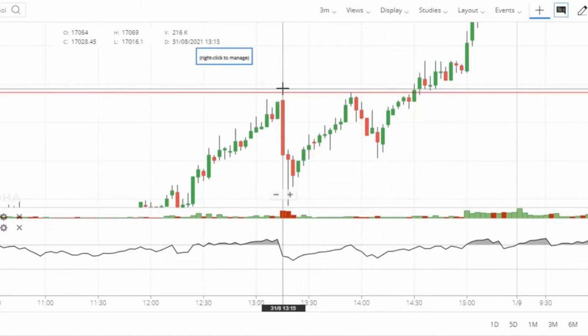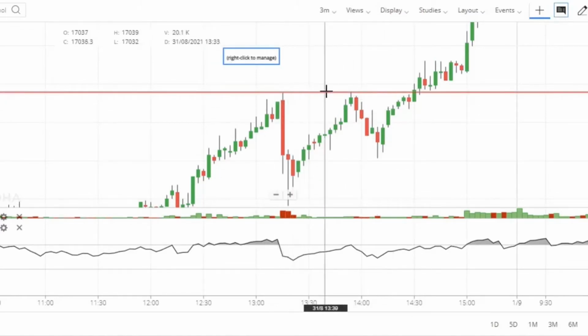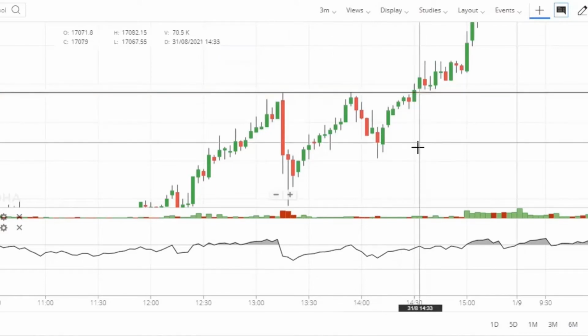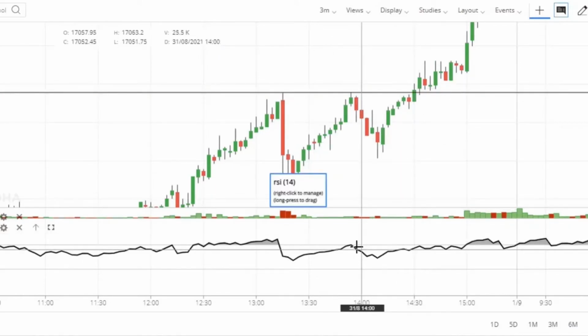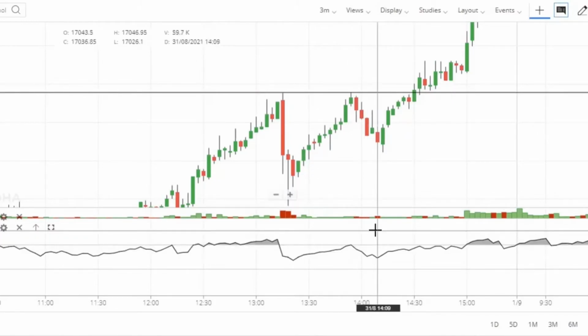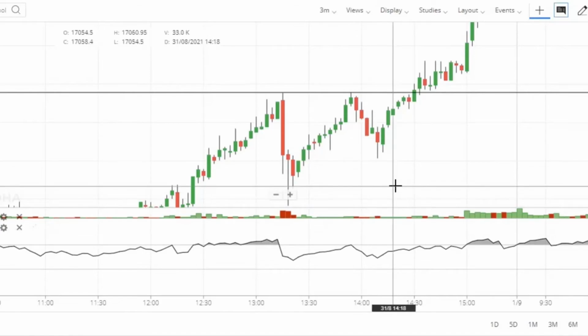So you have to understand that the high of this volume candle has been taken out. Buyers are in and RSI is now near the 70 zone. What does that mean? Think about it. What do you think you should do? Keep watching the market? No, no, you should buy.